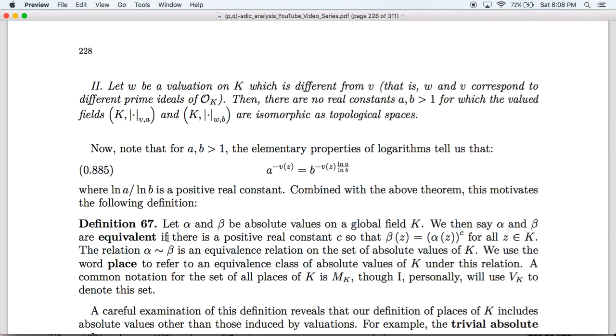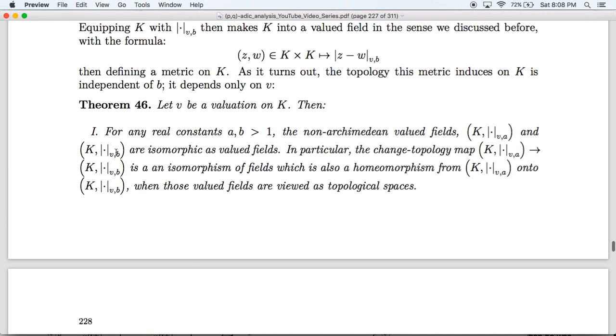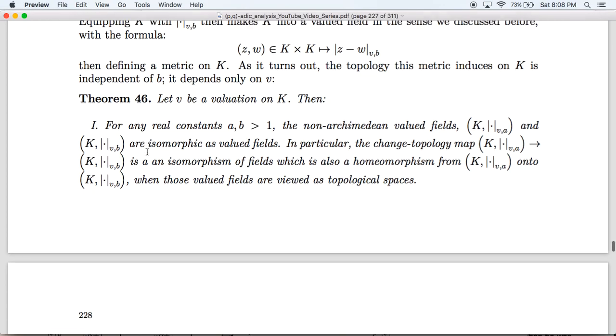Now, careful examination of this definition will tell us that the net we've thrown out to capture all of these absolute values was bigger than what we covered in the theorem. In this theorem, we only cover absolute values which are non-Archimedean.